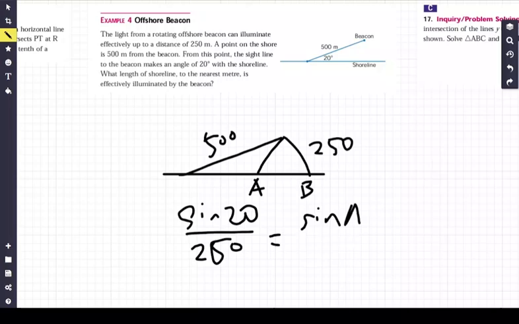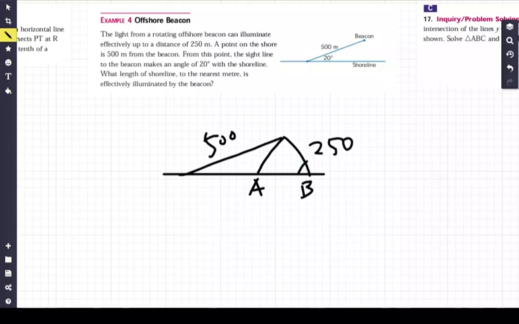So 43.16. Which angle is that? This angle.